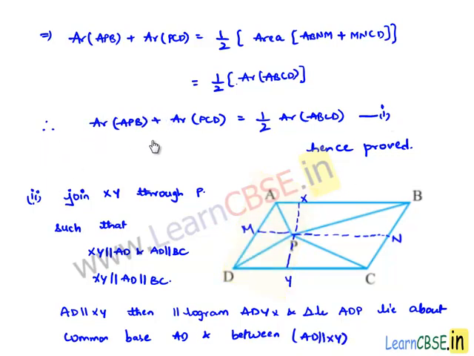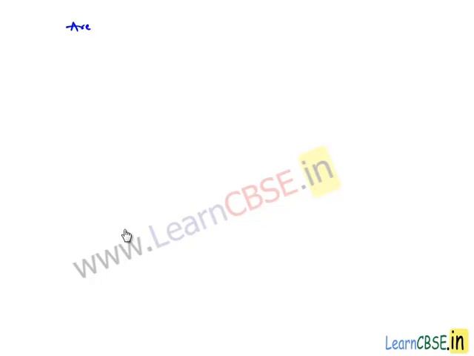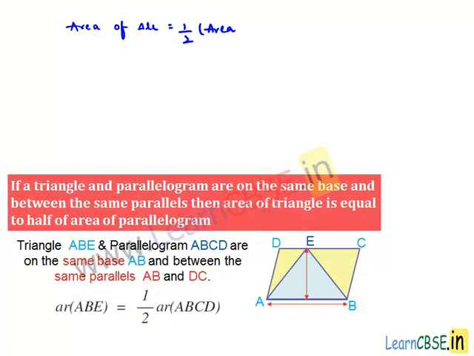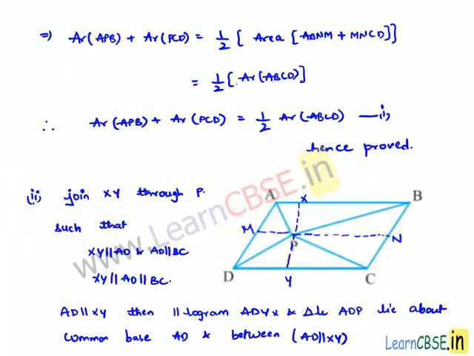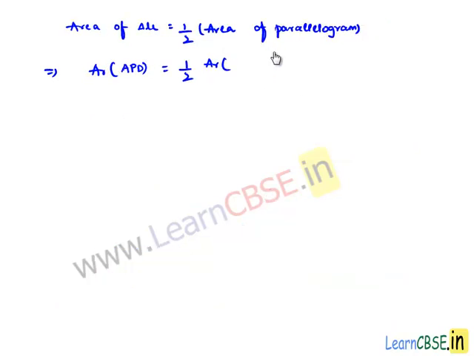Therefore, when a triangle and a parallelogram lie between the common parallels and have the same base, then area of triangle will be equal to half times area of parallelogram. That is, here area of triangle APD is equal to half times area of parallelogram ADYX.